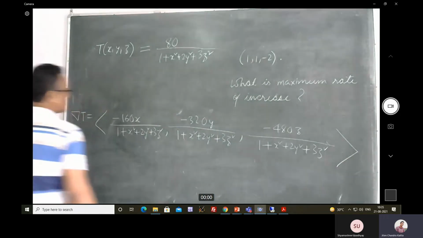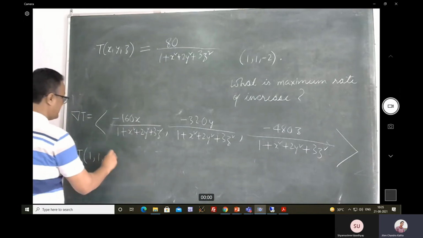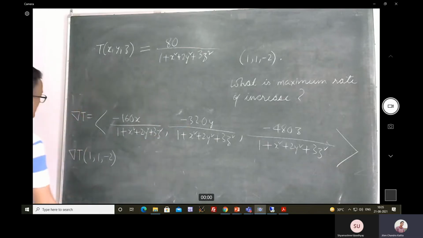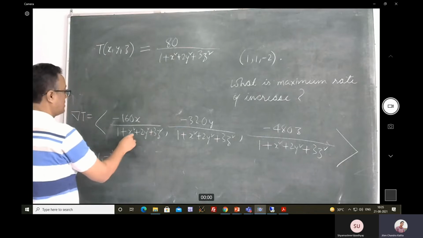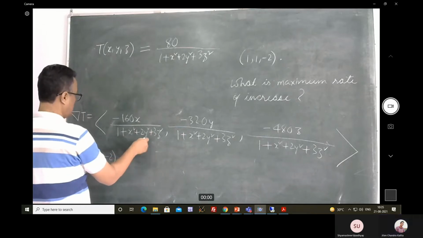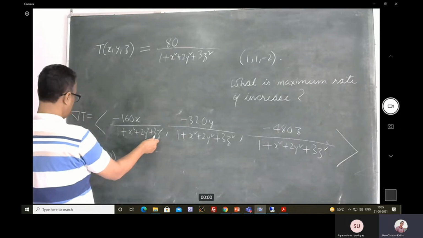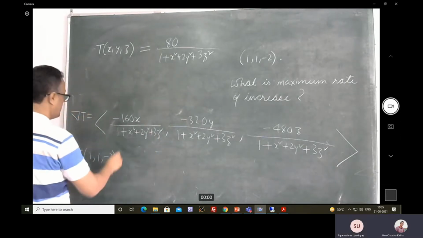Okay, fine. Now if you want to find it at the point (1, 1, minus 2), let me check what the denominator is. 1 plus 1, 2, then 2 again, 4, and then 3 into 4, 12. 4 plus 12, that is 16.